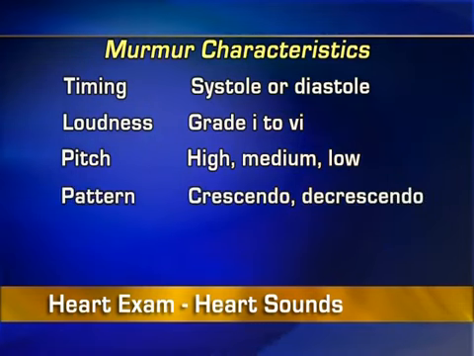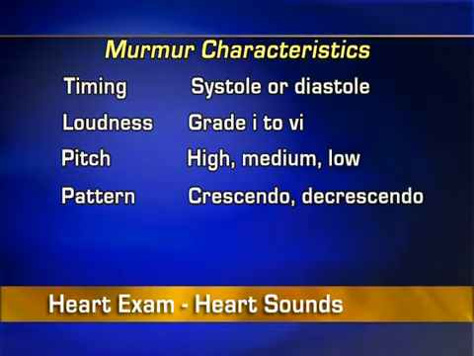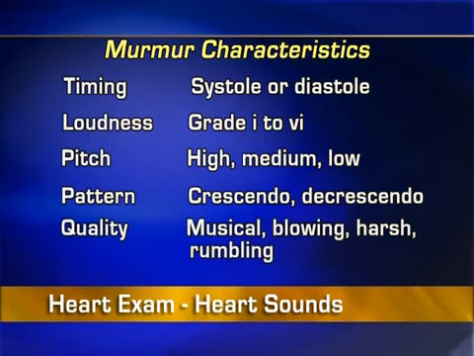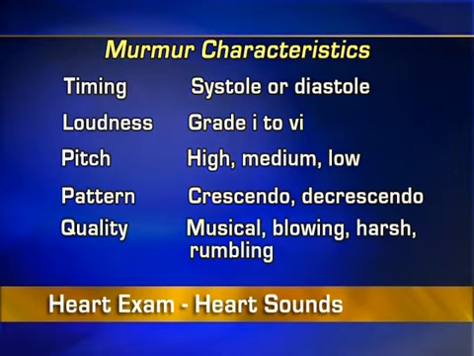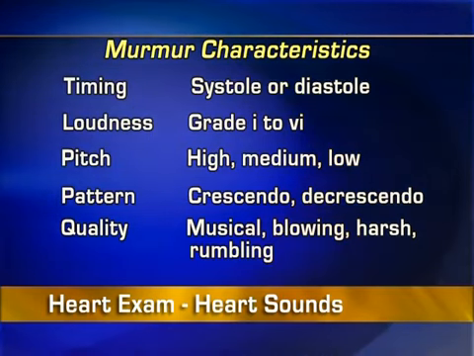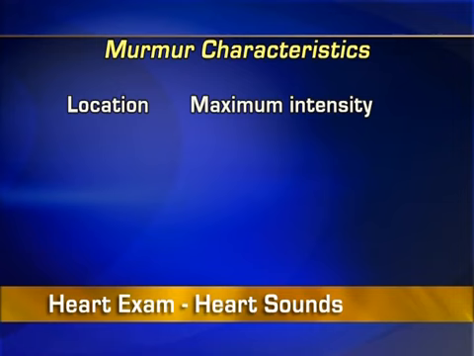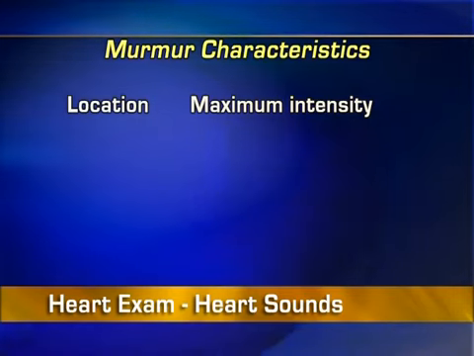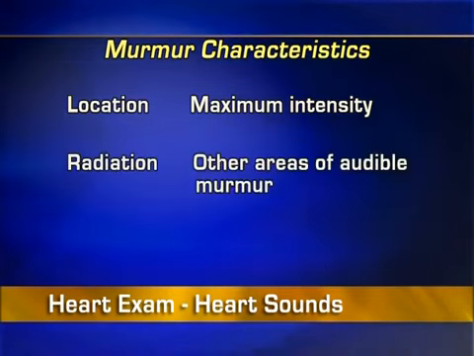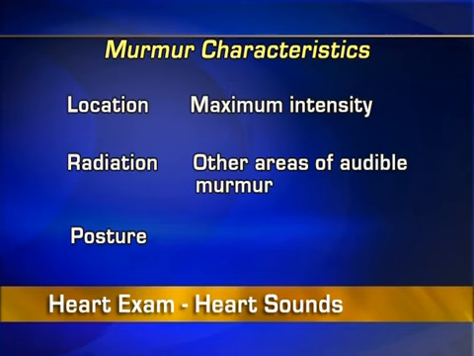Pattern, such as crescendo, growing louder during the cardiac phase, or decrescendo. Quality, which may be musical, blowing, harsh, or rumbling. Location of the area of maximum murmur intensity. Radiation, which includes areas where the murmur also is audible, and the person's posture when the murmur is heard.